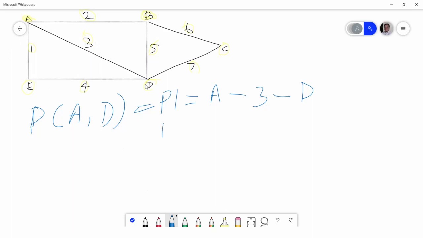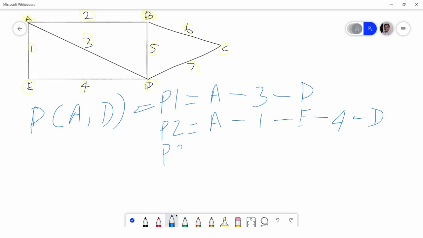That is path 1. Path 2: you start from A and go A, E, D. From A via edge 1, you reach E, and from E via edge 4, you reach D. This is path 2.